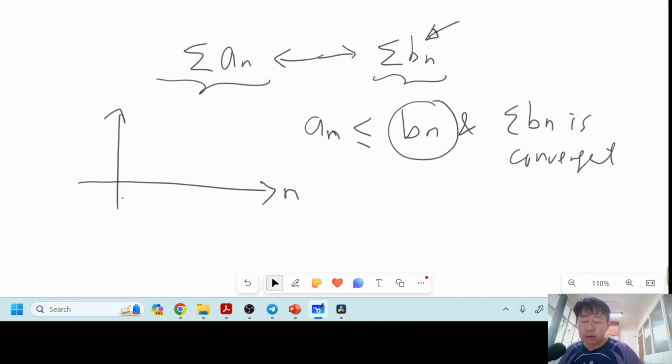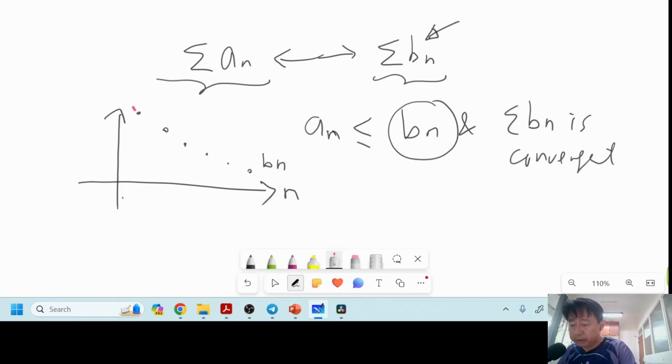In this case, first we have to represent the convergence of B. So imagine you have a B series, which I represent as a dot on this graph. So these dots represent Bn. And here Bn is a series that is going to be convergent.